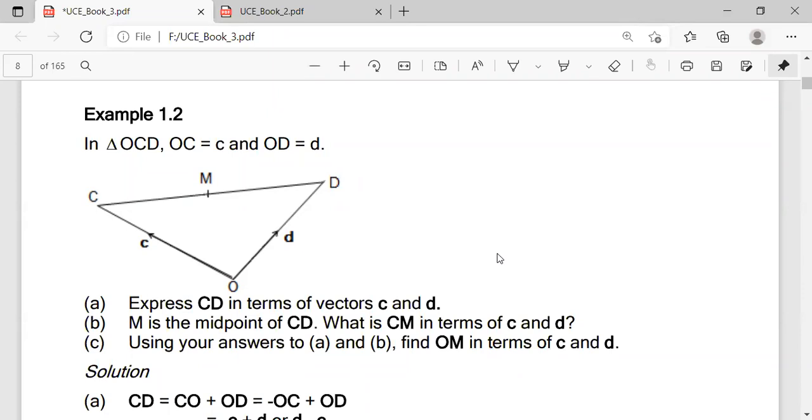Express CD in terms of vectors C and D. So they are telling you to find CD, but in your answer you should have C and D. So let me show you how this is how the written question looks like.